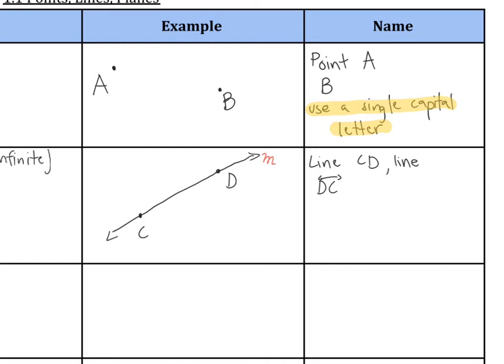But for this one, you do have to write the word line followed by that single lowercase letter. But again, in general, we use 2 points on the line to name it. And yes, they have to be on the line, not off the line.